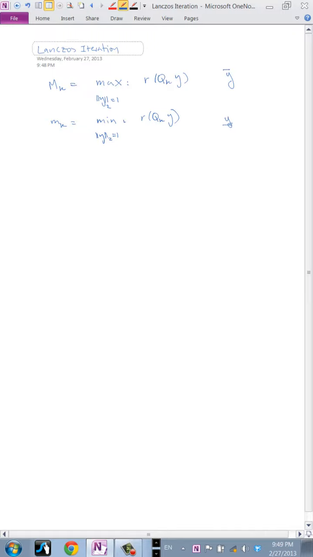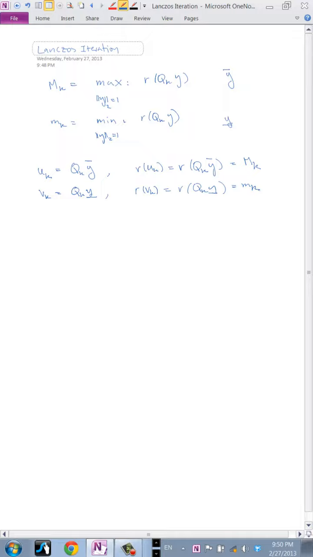Therefore, let's denote u_k equal to Q_k y upper bar. In other words, R of u_k is R of Q_k times y upper bar, and by definition of y upper bar, that's equal to M_k. Similarly, v_k is Q_k times y lower bar, and therefore R of v_k is equal to R of Q_k y lower bar, and that's going to be my little m_k.